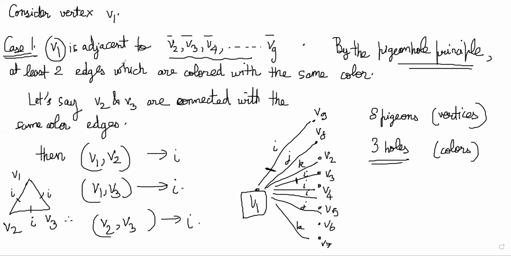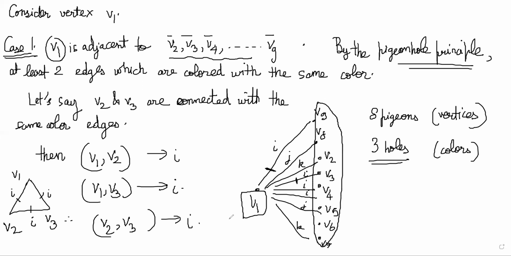So in case 1, we can easily see that there is definitely going to be a monochromatic triangle, or 3 people being able to talk to each other in the same language. Now let's look at case 2. Case 1 was when V1 was adjacent to all of these vertices.